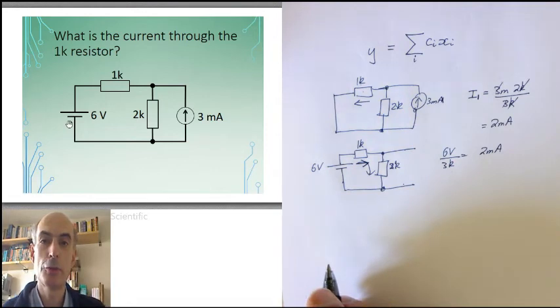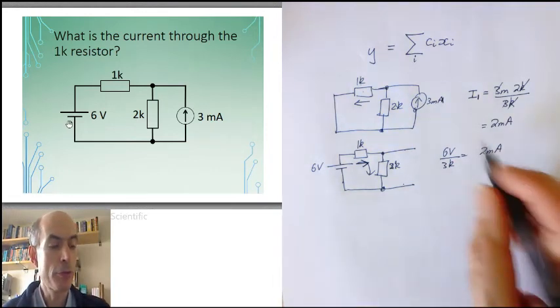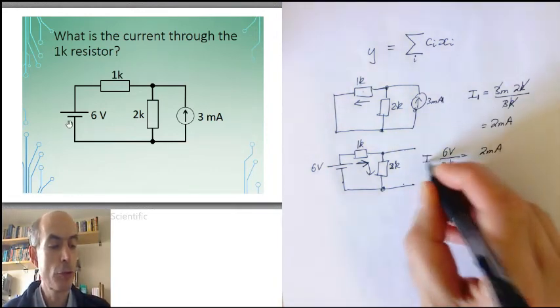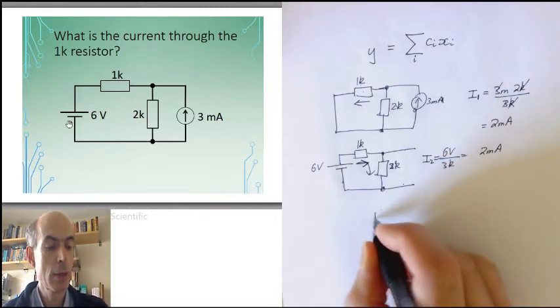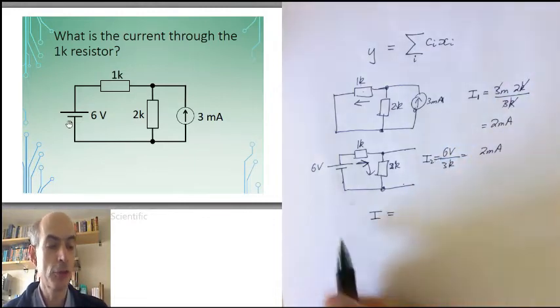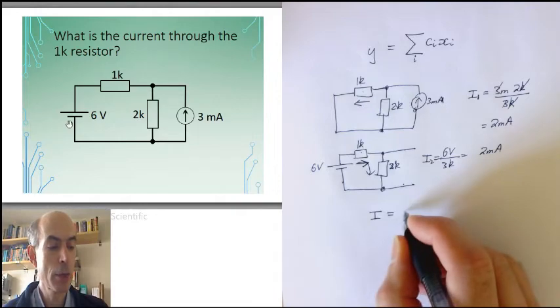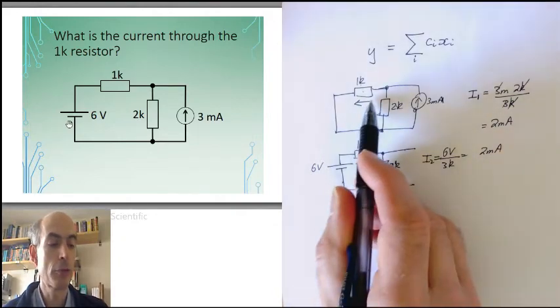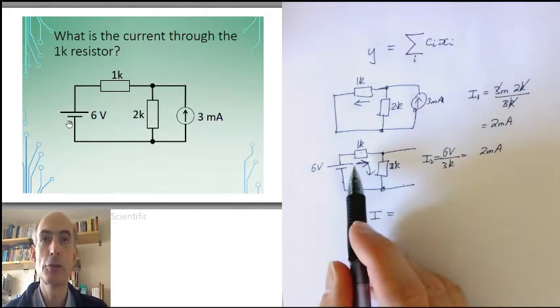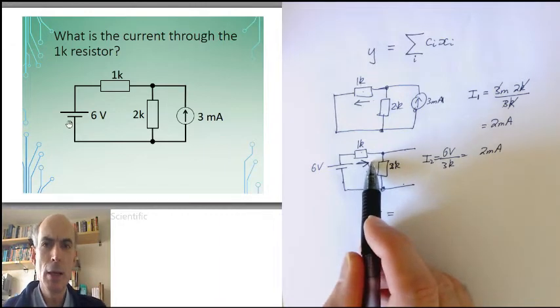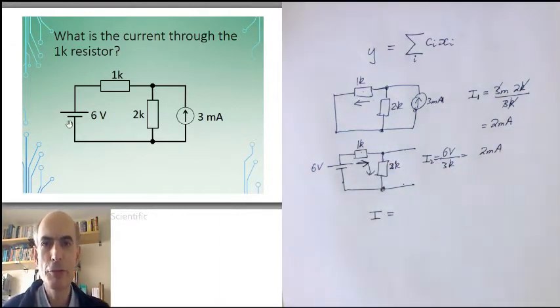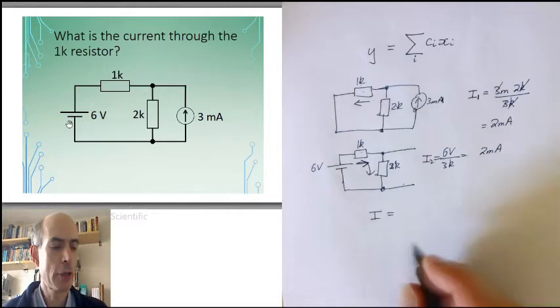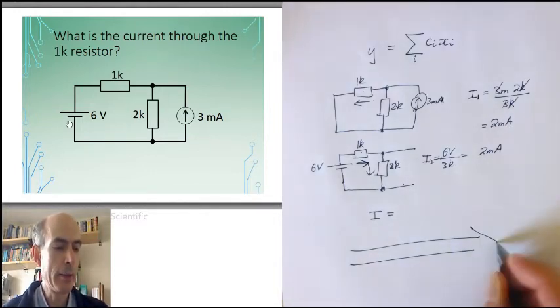So, principle of superposition, we add up these two contributions to the total current, and our net resultant current through the 1K resistor would be 2 milliamps going from right to left, plus 2 milliamps going from left to right. When you're doing this kind of problem, it's really useful to define a direction, which is the positive direction for current. Let's say that the positive direction for current is this way.